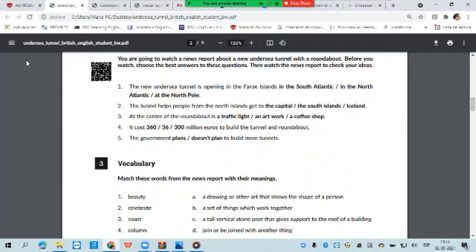Well, let's see. Here you have, before watching the video, 5 sentences about this video you're going to watch. The idea is that before watching, you read the sentences and make a choice. I mean, guess which of the options given between slashes you think is the correct answer. Do you understand it? Yes. Just make a guess.